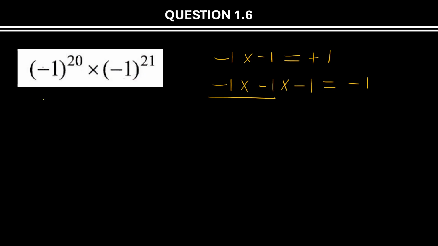So this is going to become a positive because it's got an even exponent. So this is +1, and then times by, and this one is an uneven exponent, so this is going to remain -1. So 1 times by -1 gives you a -1, because a positive and a negative becomes a negative.